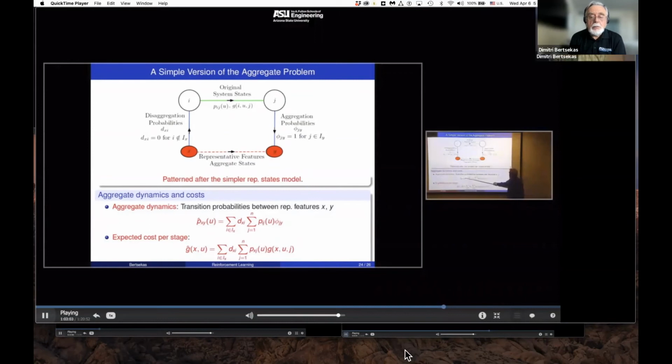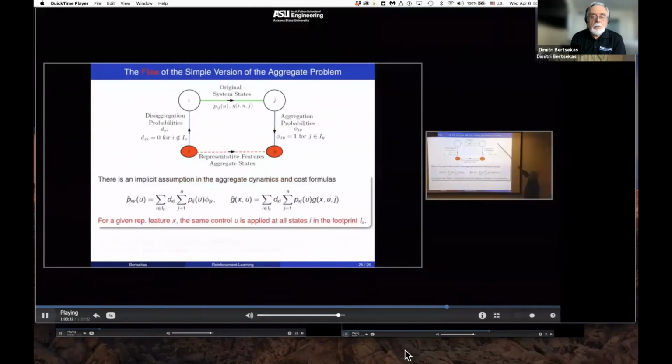There's a big restriction on u here that's associated with the transition from x. So it doesn't capture the variation of the control within the footprint states that this aggregate state maps into. It gives you a legitimate J tilde, okay? But it is not very good. That's the problem.